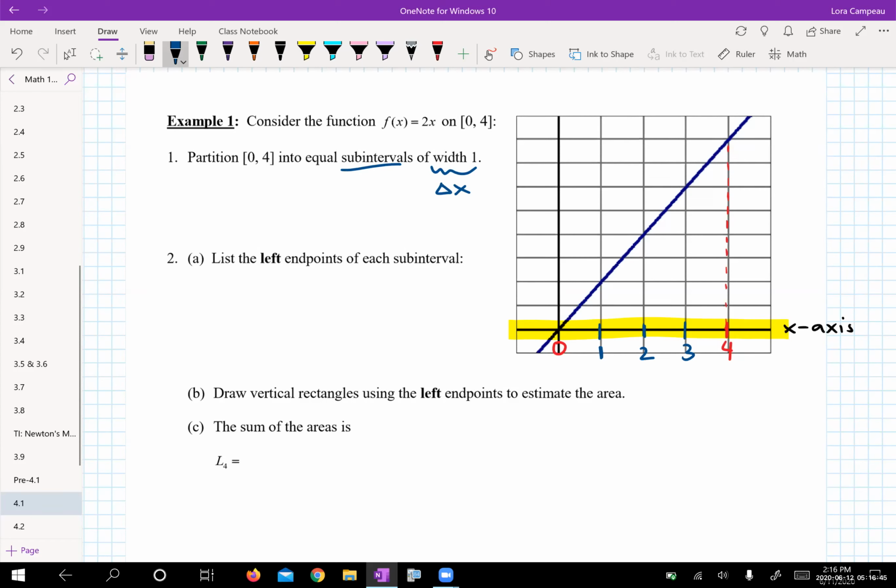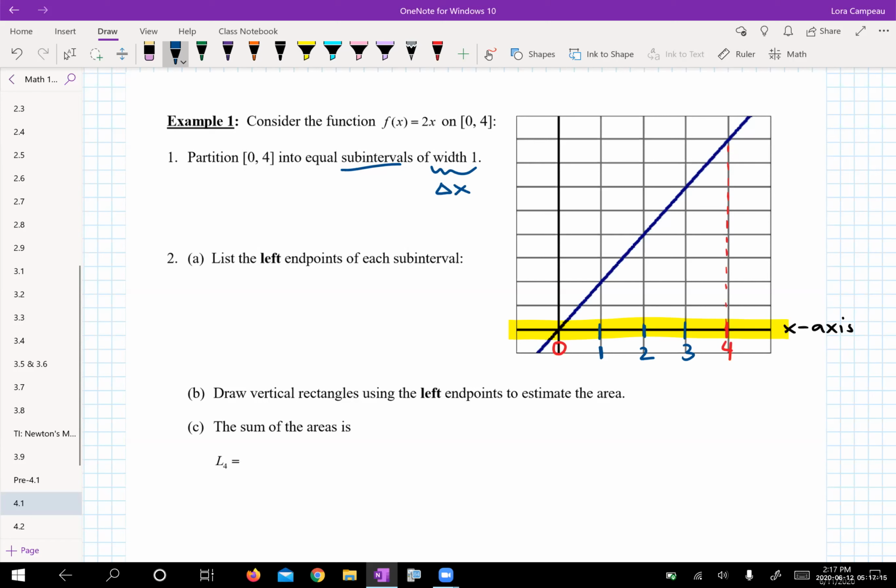Number-wise, it's very nice. Now here's where it differs a little bit, and you have to pay attention. What we care more about for our rectangle calculations is that they want us to list the left endpoints of each subinterval.